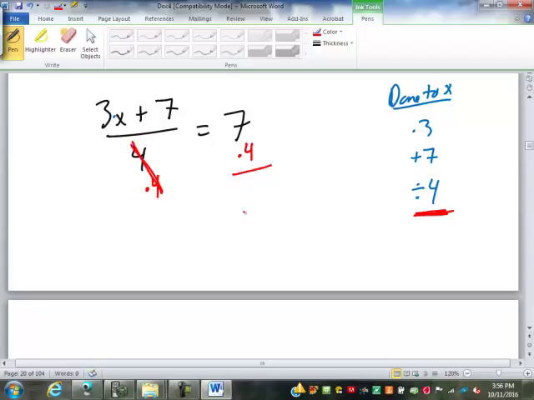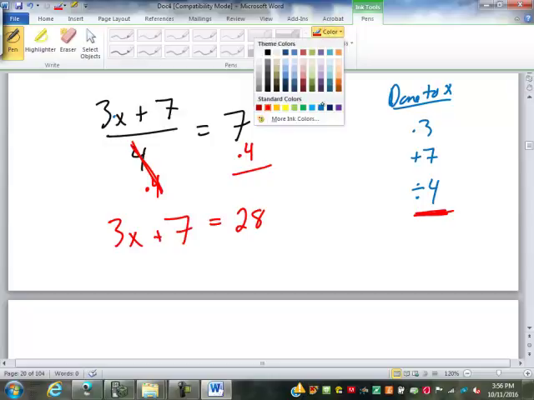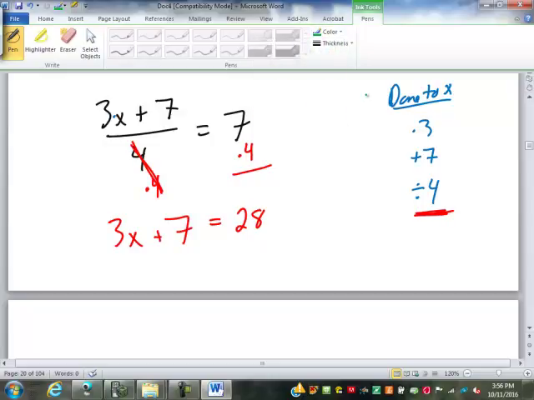So multiply by 4 over here. 7 times 4 is 28. Well, on the left side over here, all I did was get rid of the dividing by 4. So what's left is 3x plus 7. Now this is a relatively simple equation to solve. What are we going to do first?